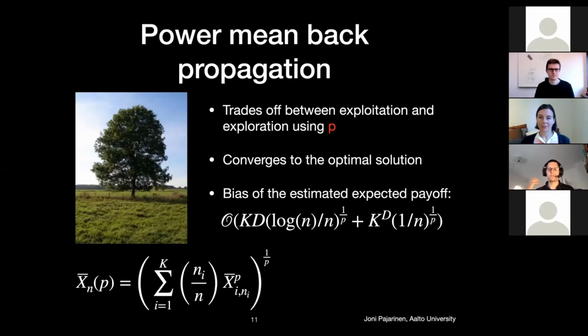But it just means that if you have a lot of data, then this applies. We were also able to compute the bias of the estimated expected payoff. This means how incorrect your estimate of the rewards can be after a certain number of time steps, where n is the number of time steps here.